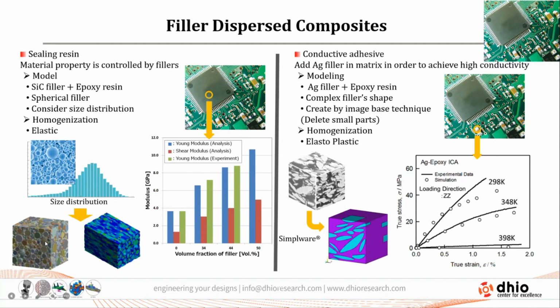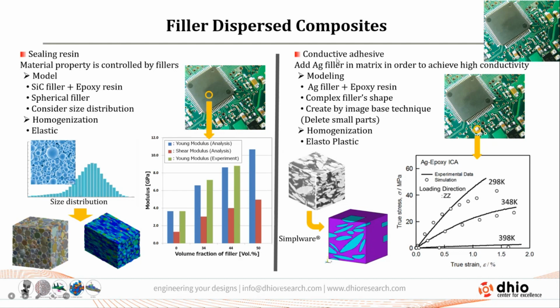So using the homogenization techniques, the Young's modulus, the shear modulus, and the different material properties can be extracted, and we have compared with the experiment also, and we have seen that there is a very good agreement between the analysis as well as the experiment results, as a function of the filler volume fractions.